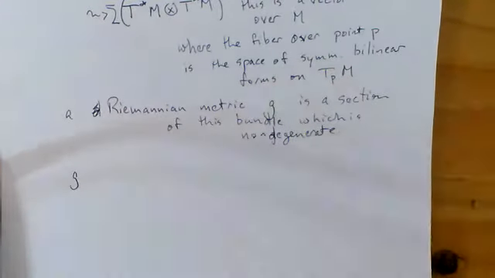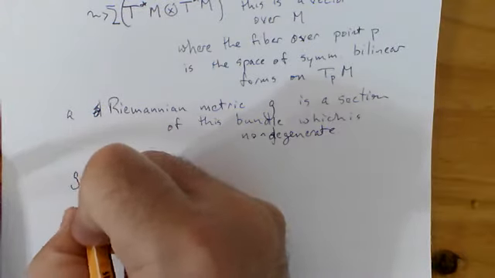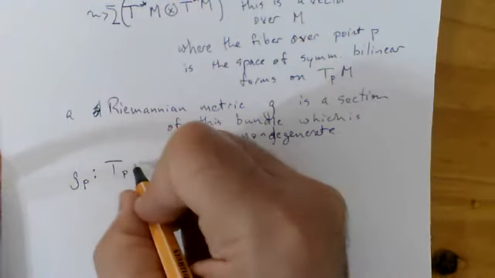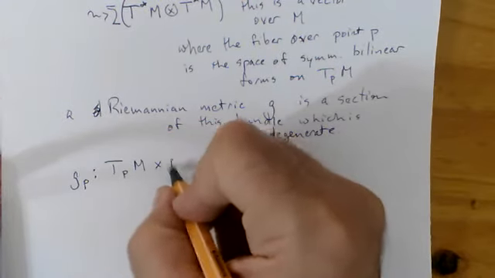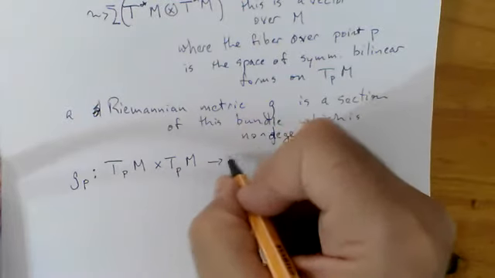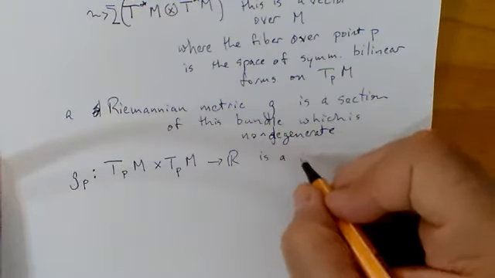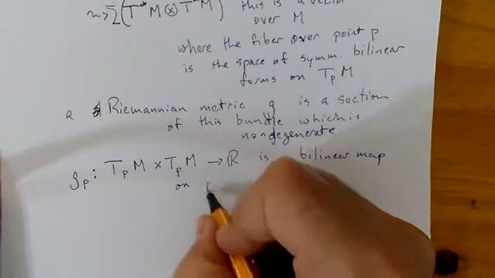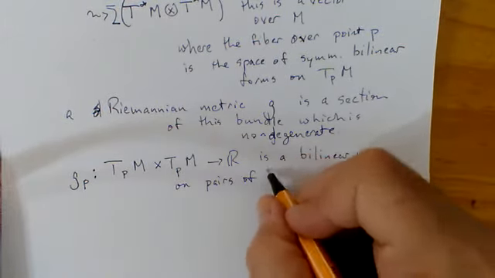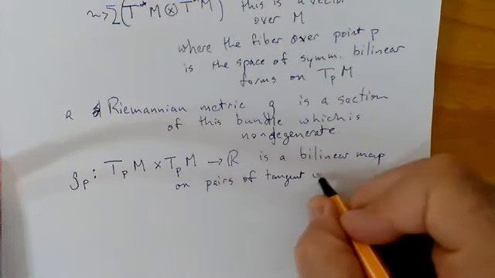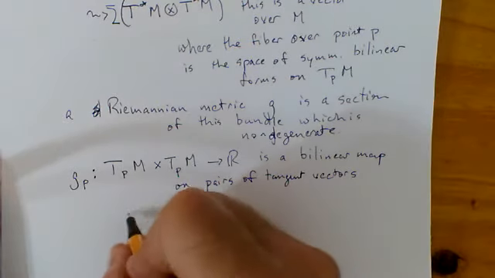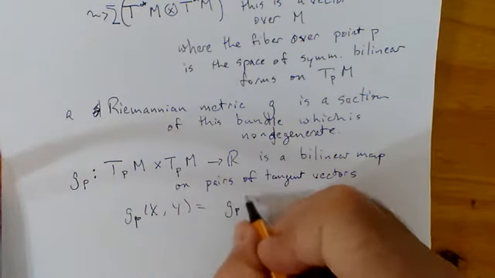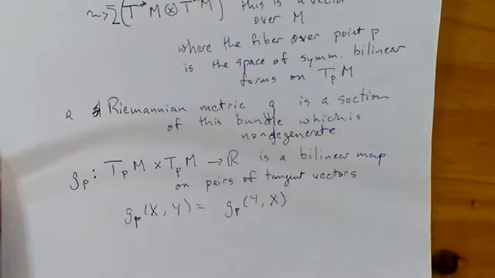This means that g evaluated at the point p is going to be a bilinear map on pairs of tangent vectors, which is symmetric and non-degenerate.